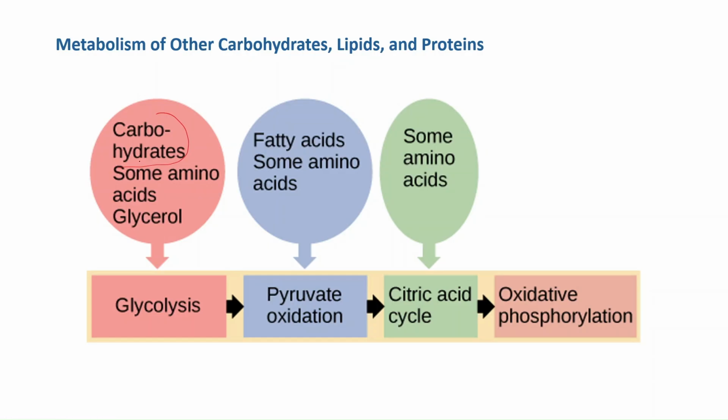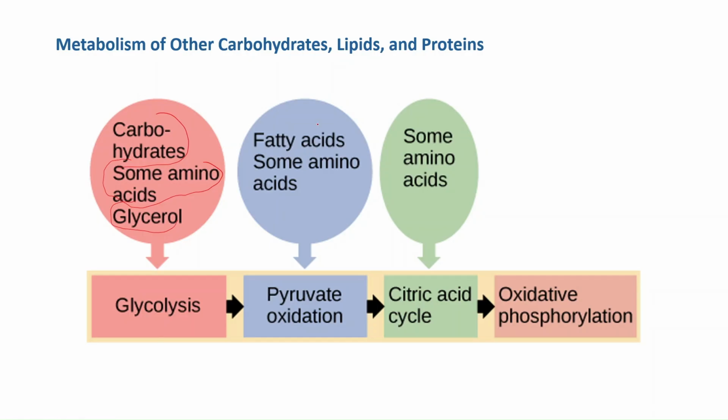Some amino acids, and we'll cover all of this mostly in the second semester, and glycerol, they all go into glycolysis. Carbohydrates, starch, cellulose, oh my goodness, the animal carbohydrate, whatever, they produce glucose that goes into glycolysis.